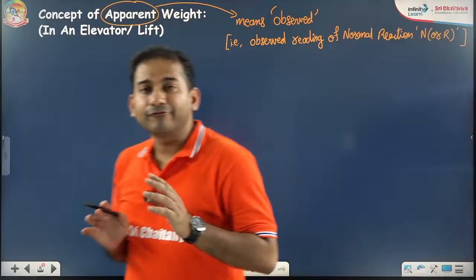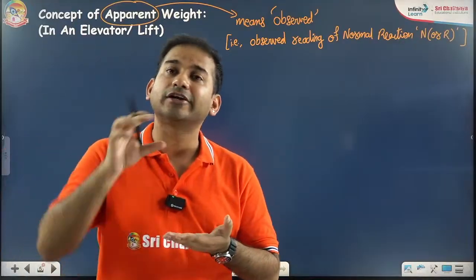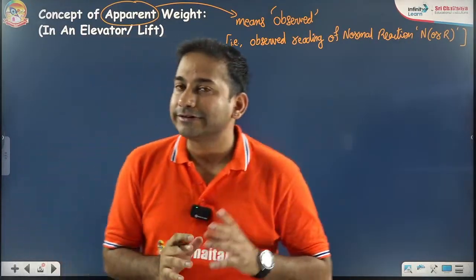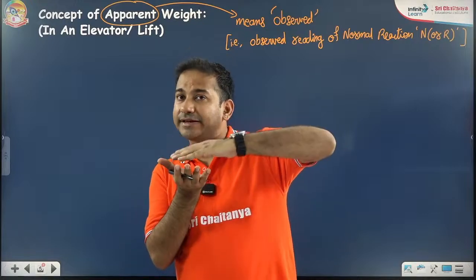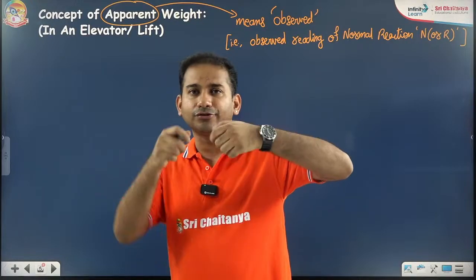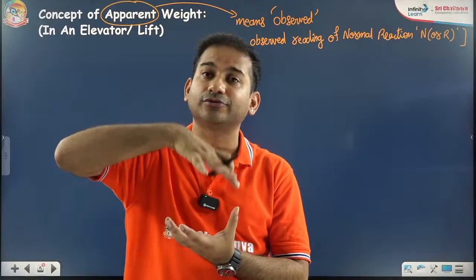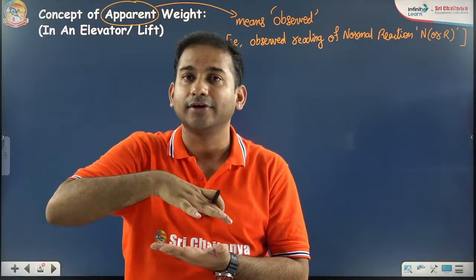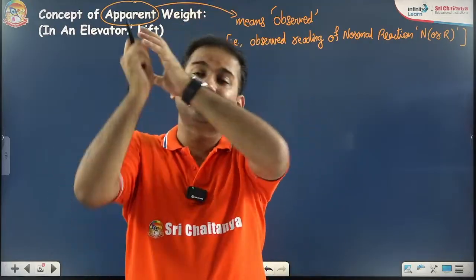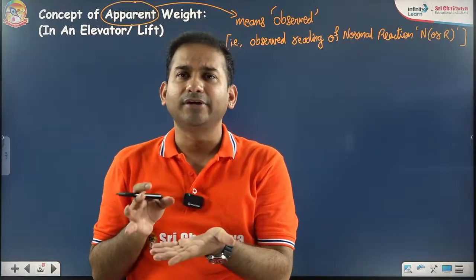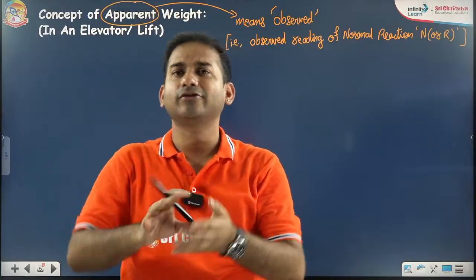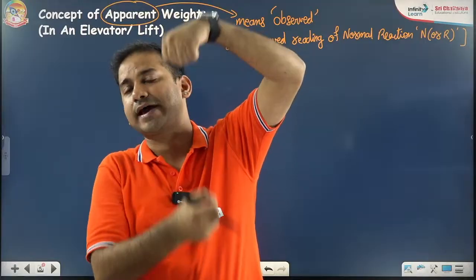What is happening whenever you go and stand over a weighing machine? You compress the spring, or you apply some force because of your weight on the surface of the weighing machine, or you put some extension if you are hanging. There can be a weighing machine over which you place something, or one from which you hang something.